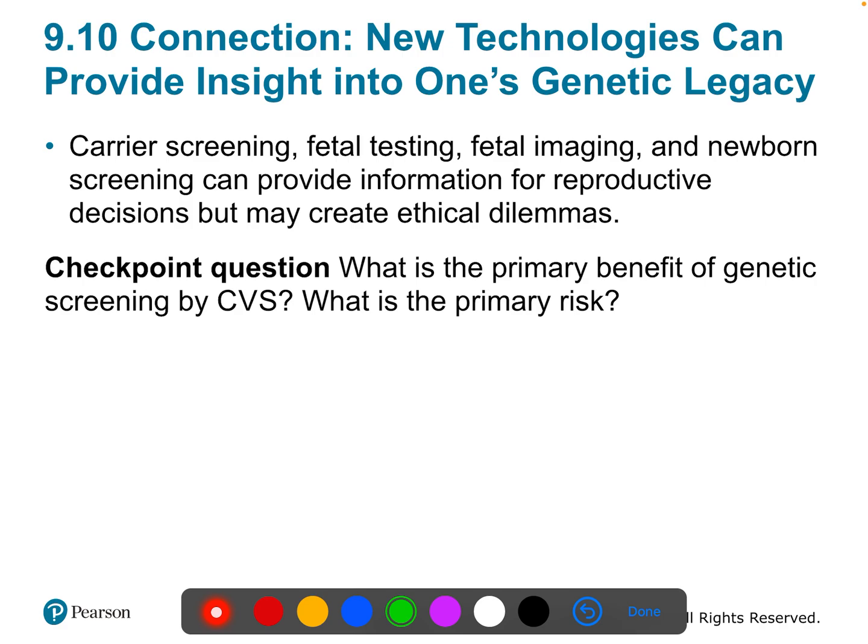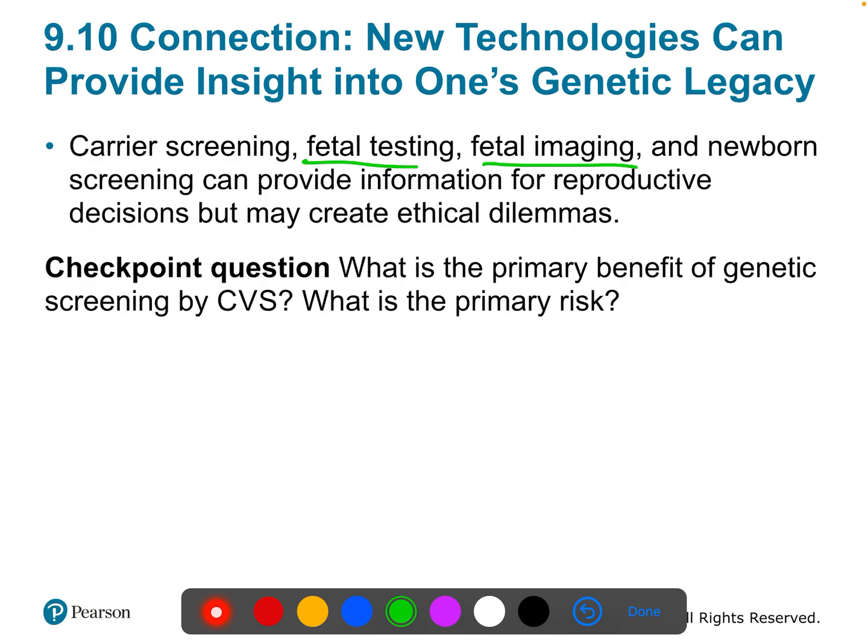Now, there are different ways that scientists can ascertain genetic information. There are screenings that they can do, fetal testing, fetal imaging. There are different types of tests they can run, like amniocentesis and CVS tests as well, which can give them information to use and to inform the parents.